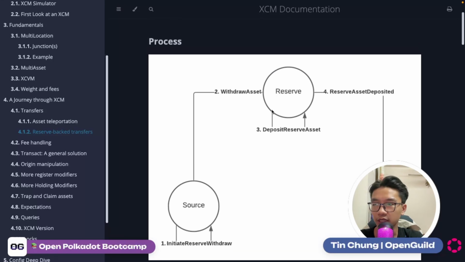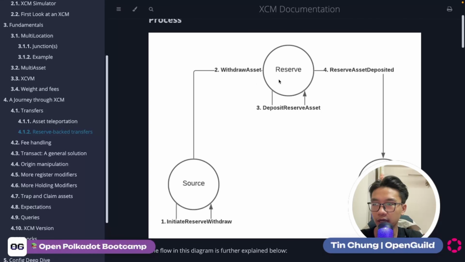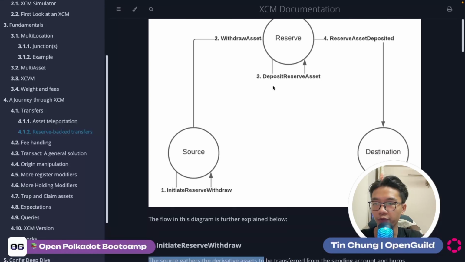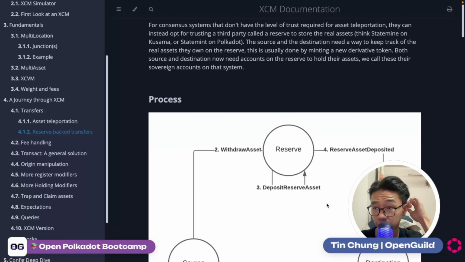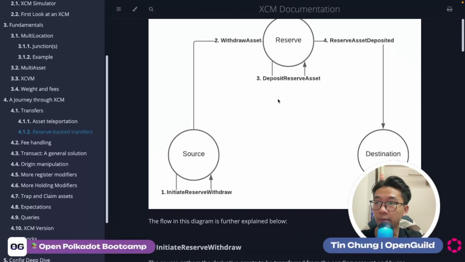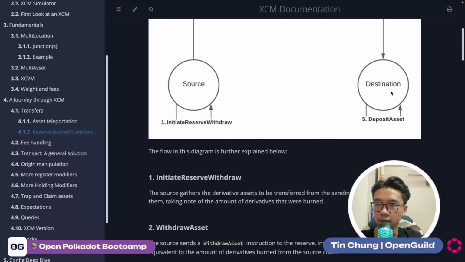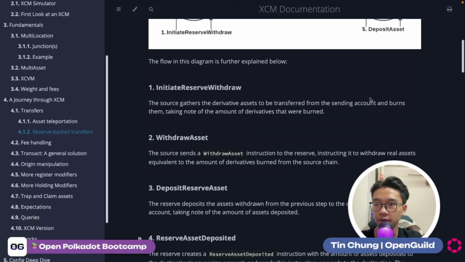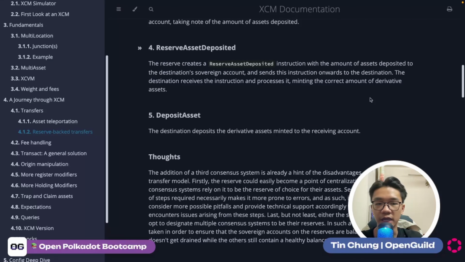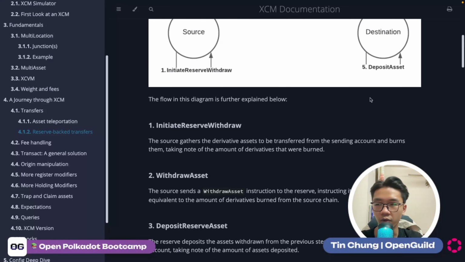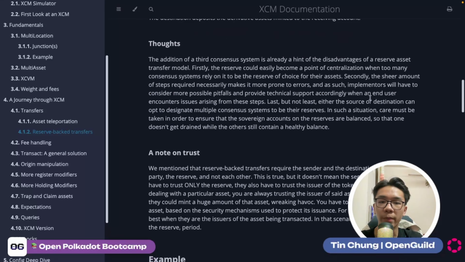And in the reserve chain, there's an instruction like withdraw asset that withdraws from the sovereign account here, withdrawing the real asset from the reserve chain, and it's deposited to the account of the destination on this reserve chain as a real token. Then it lets the destination know by these instructions about this event, and the derivative token is going to be added to the destination. And as you can see, the source chain and the destination chain don't have to trust each other, but there are also a few drawbacks in this model.